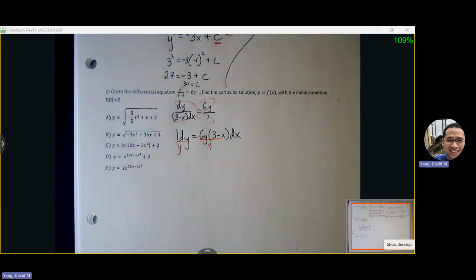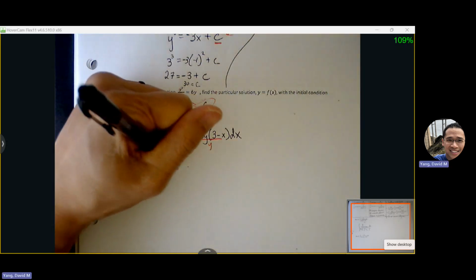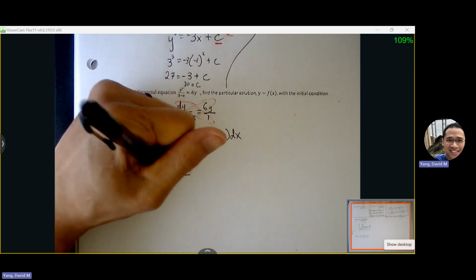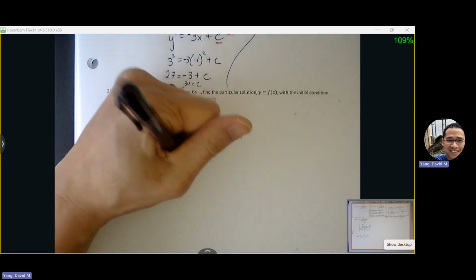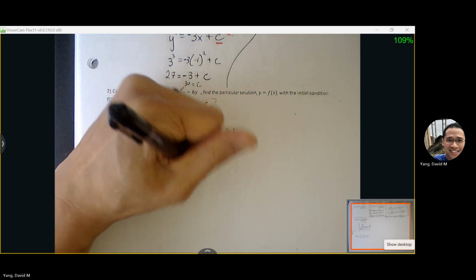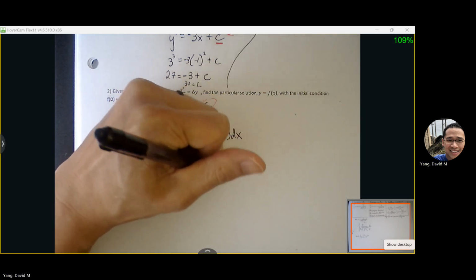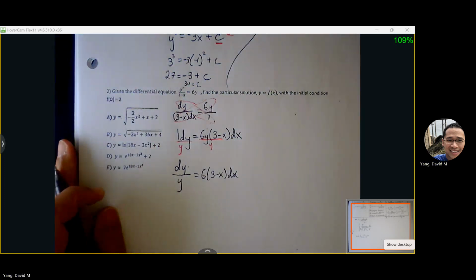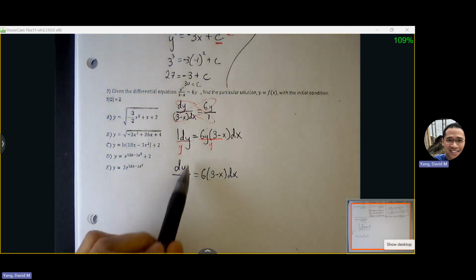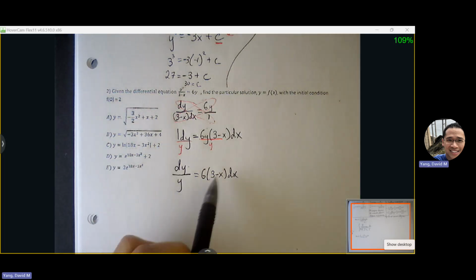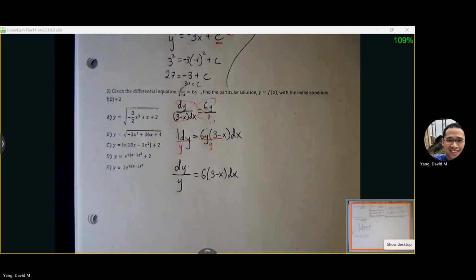And it's okay to have your variable in the denominator. Don't feel like something is wrong when the variable's in the denominator. We have a rule that can handle that denominator location. Okay, so now the variables are nicely separated, right? Your y's are together, your x's are together.